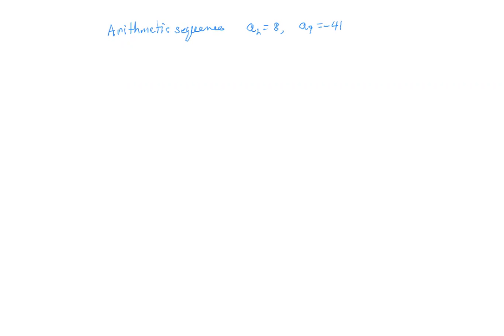A sub 2 is 8 and A sub 9 is negative 41. And I want you to find A sub 101. A sub 101 is equal to what? You need to find that.